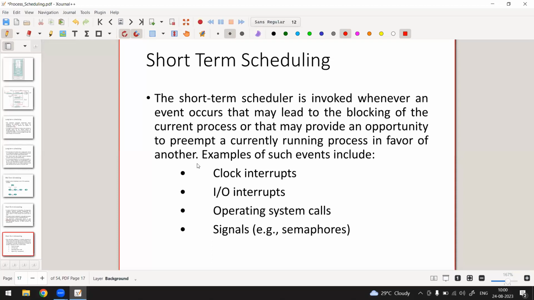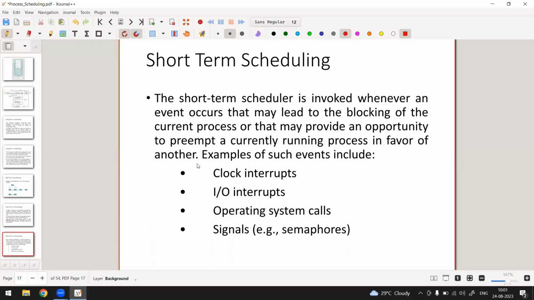The first kind of event is the clock interrupt. At a certain time interval, the clock interrupt happens, and the currently running process has to be swapped out, and the new process will be swapped in.